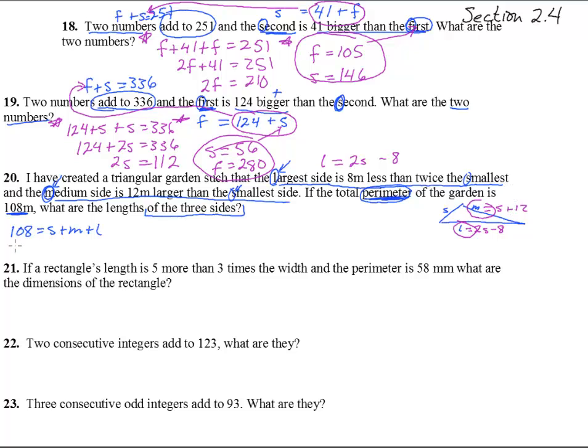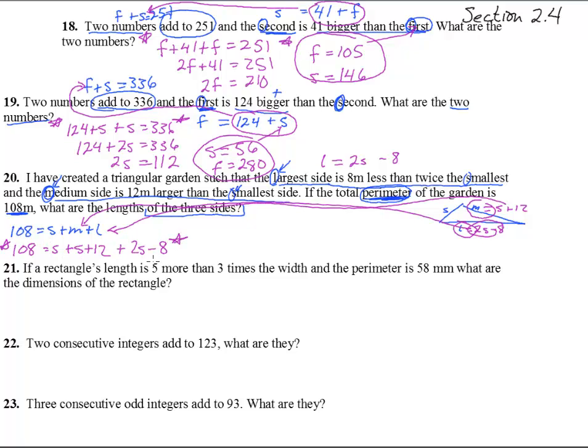I'm going to write this equation over here. 108 is the smallest side plus the medium side, which is s plus 12, plus 2s minus 8. You can consider that substitution right there, and substitution right there. Here we now have an equation.